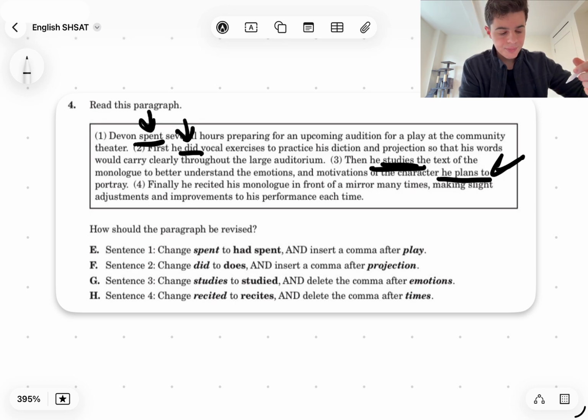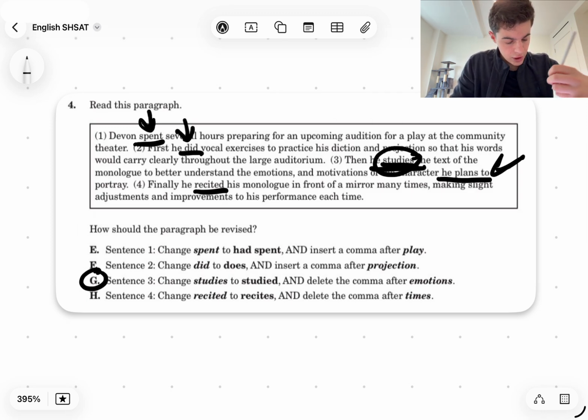By saying spent and did, we're basically saying that all these actions occurred in the past, so saying studies just doesn't make sense here, because then we go back to recited, past tense. So it is clear that this verb does not make sense. That's why the answer will be G, which is change studies to studied and delete the comma after emotions. That is also true, but that's not what we are focusing on in this video.